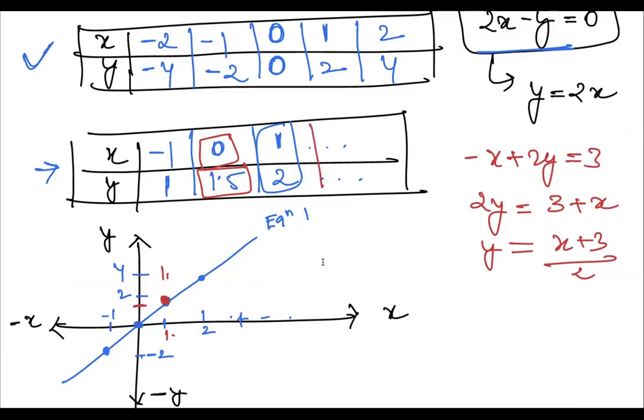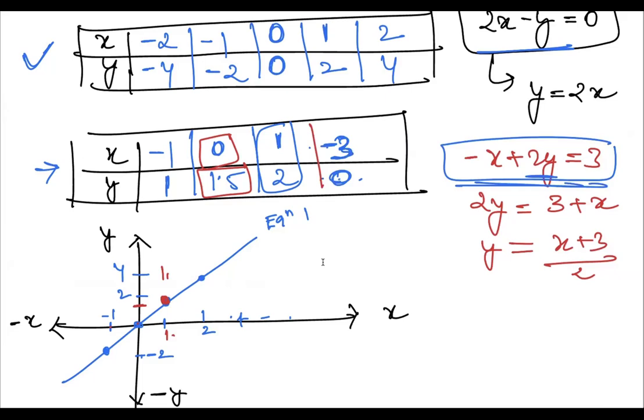Tell me one thing. When in this equation y is 0, what will be the value of x? It is -3.